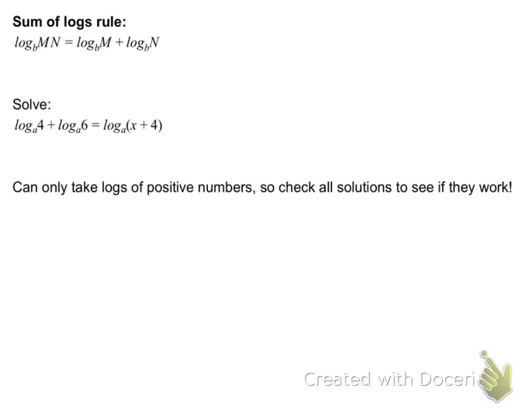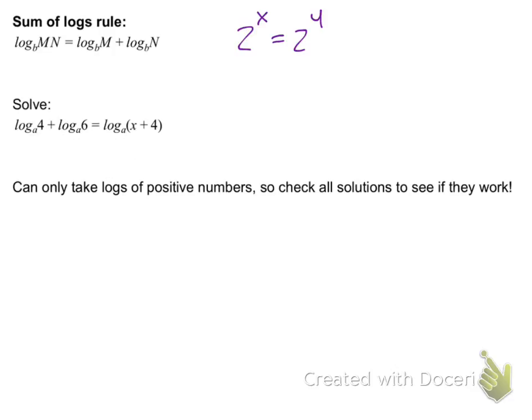So, to do these problems, there's a couple things we have to take into consideration. Just like on our last problems from lesson 26, if you had something like 2 to the x equals 2 to the 4th, what's x? It's 4, because if the base is the same and the two numbers are the same, that means their exponents have to be the same. Here's the cool thing. We have logs being taken of everything here.